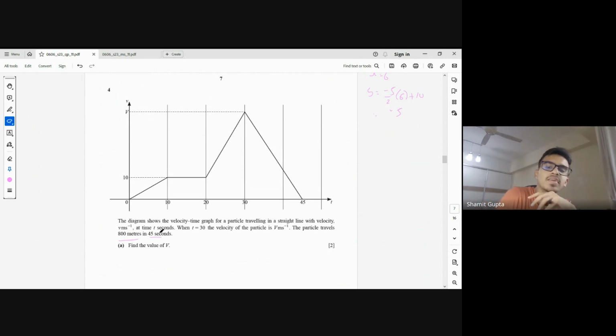If it travels 800 meters in 45 seconds, it means the area under the graph is equal to 800.